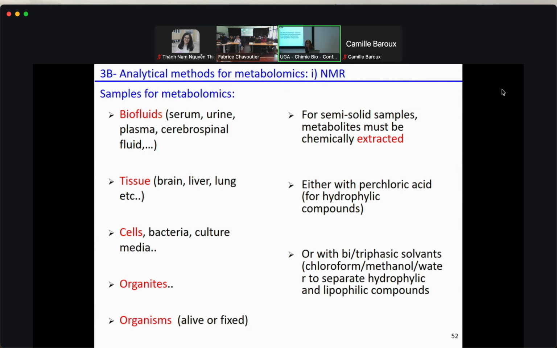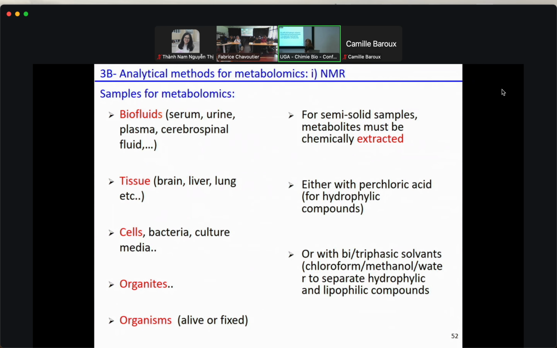There are a lot of extraction methods, with perchloric acid for example, or with chloroform, methanol, etc. So it's necessary to destroy the sample and to add different solvents to extract the metabolites, which are hydrophilic compounds. Metabolites are hydrophilic.